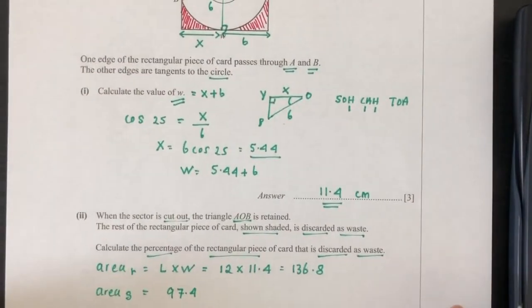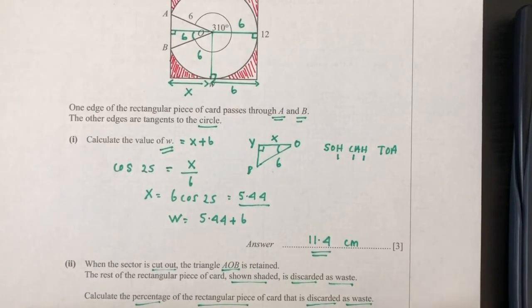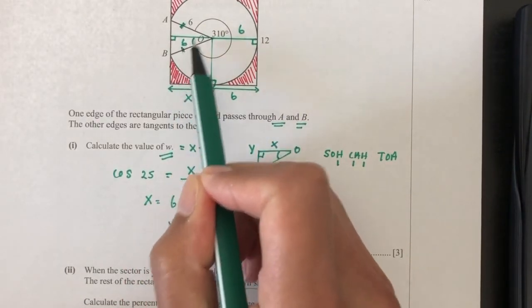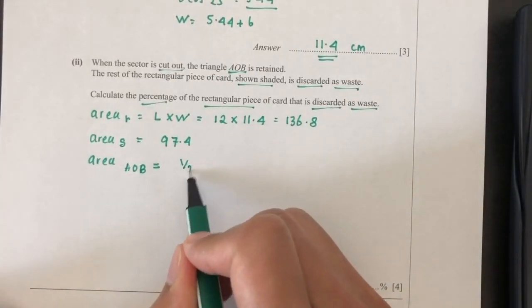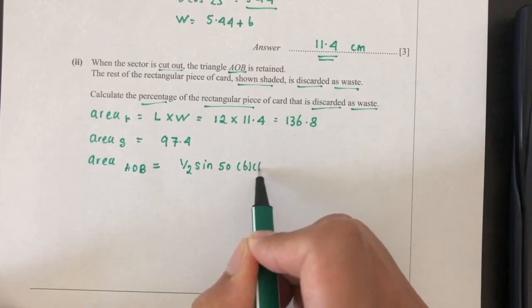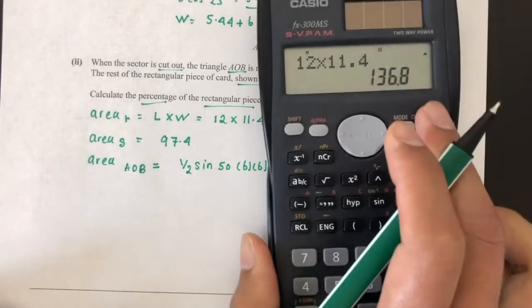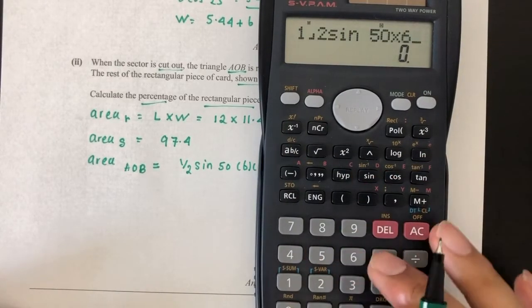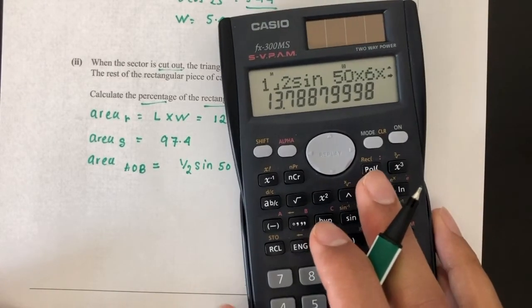How do you find that area? Here we see that these two sides are the same and we have this angle, so we can use the sine rule. Half sine of the angle 50 times 6 times 6 to find the area of triangle AOB. That will be 13.8.